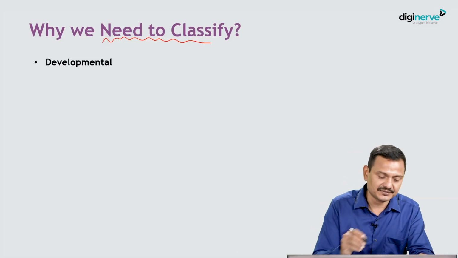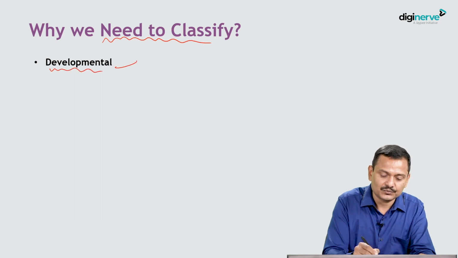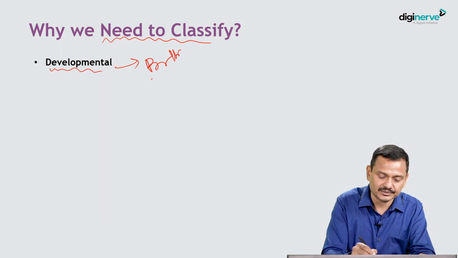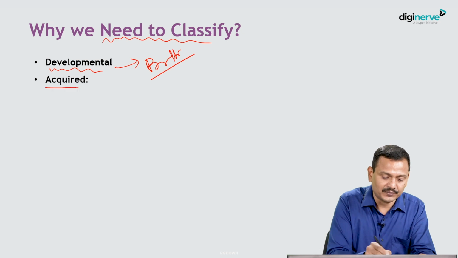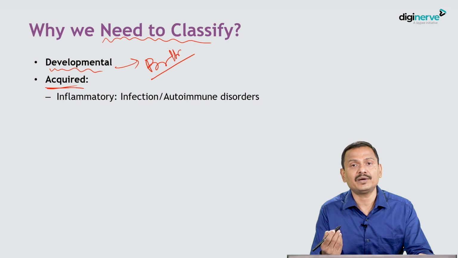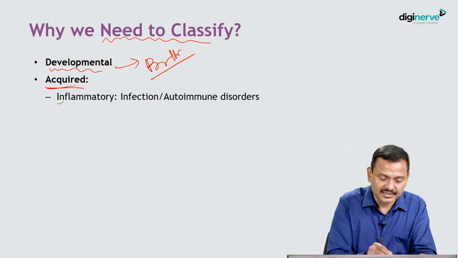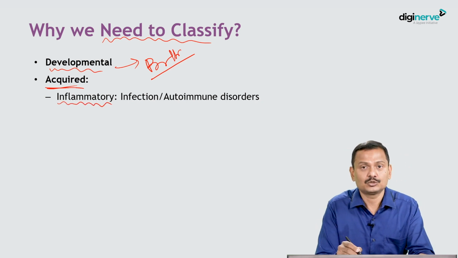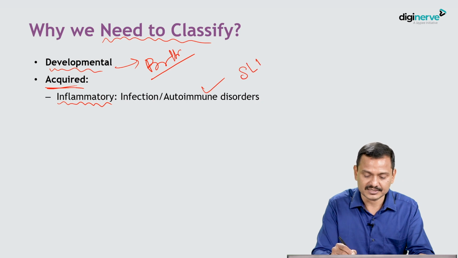After knowing about a disease process, we need to know why we are classifying these disorders. Diseases can be classified into developmental, which comes from birth. Second is acquired, which are acquired during the lifetime. Now when we acquire these, diseases can be inflammatory, like autoimmune disorders, let's say SLE or rheumatoid arthritis.